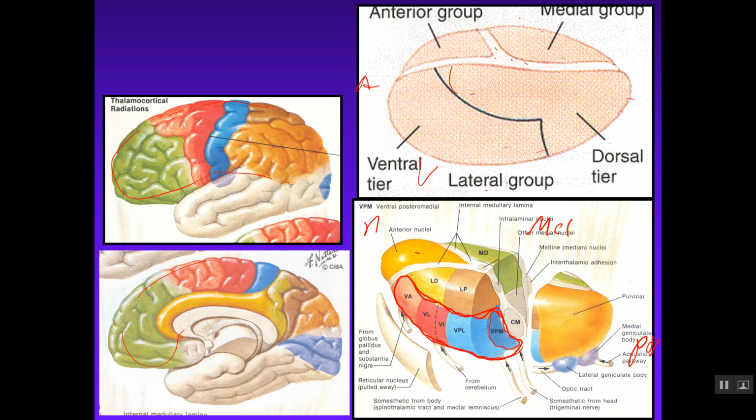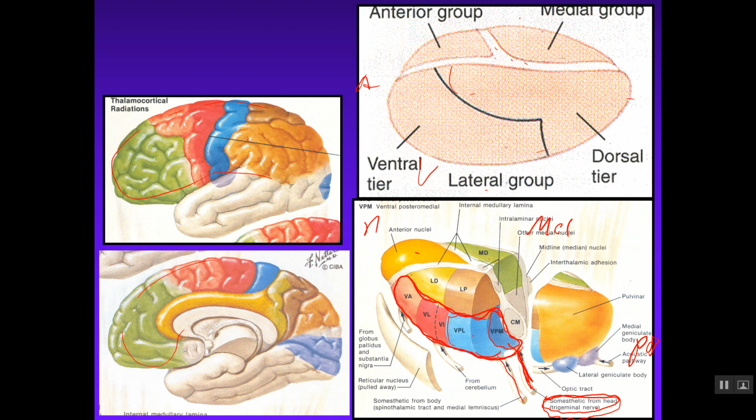And that's the relay for somatosensation from the head, trigeminal nerve mainly, bringing that information up to the VPM. And then here's the VPL, ventroposterolateral nucleus, so it's ventral tier, more posterior in that tier, and more lateral.